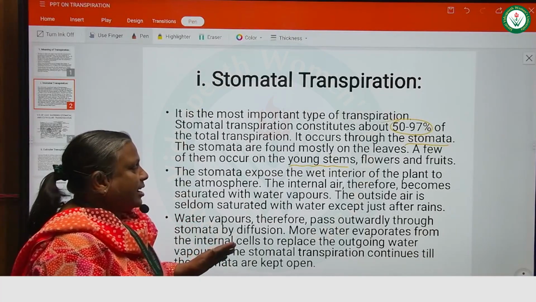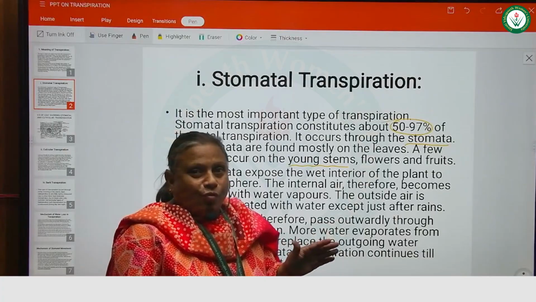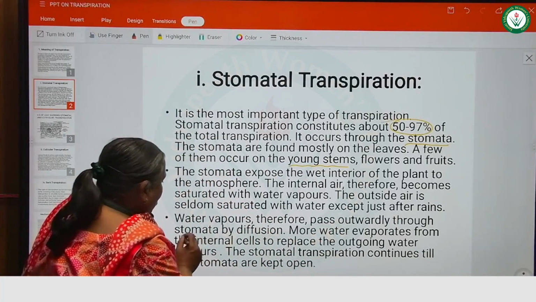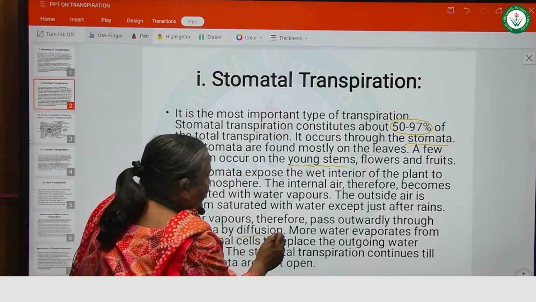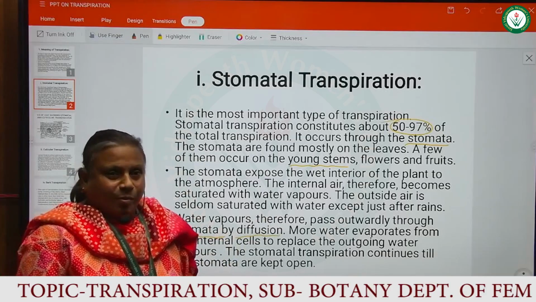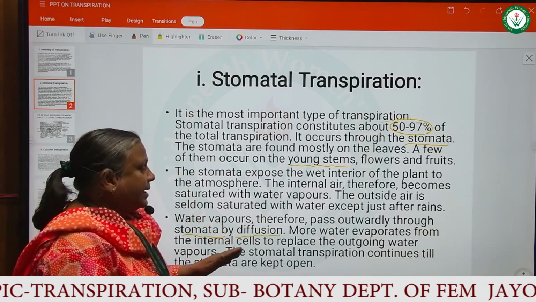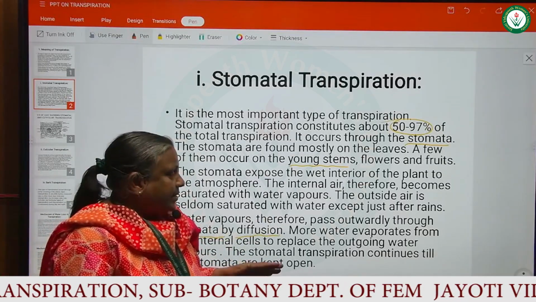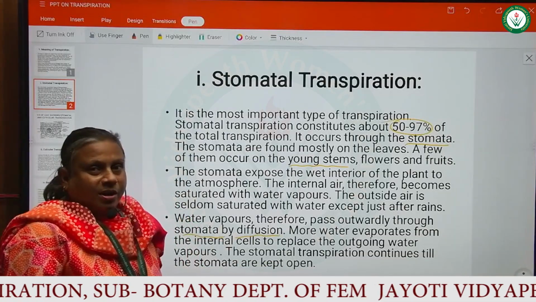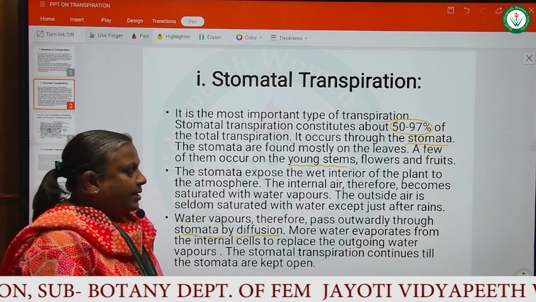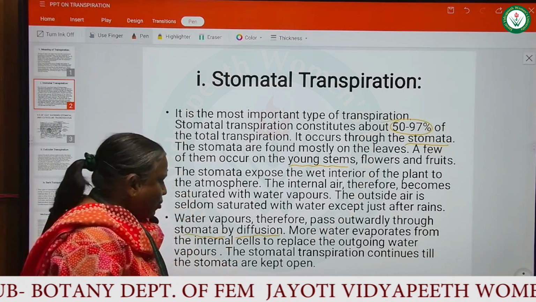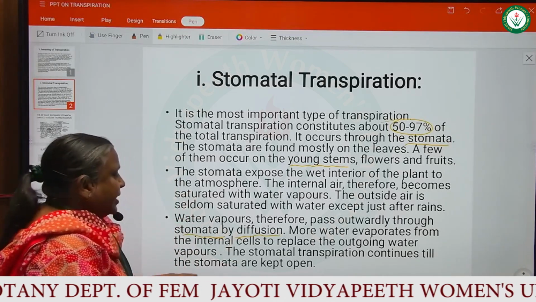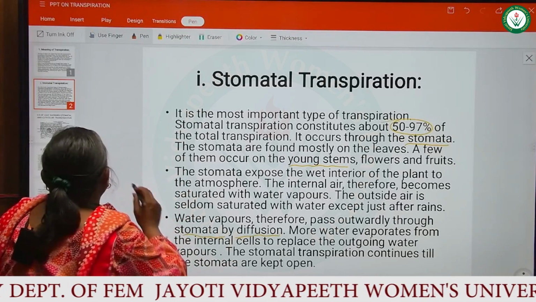Water vapors therefore pass outwardly through stomata by diffusion. More water evaporates from the internal cells to replace the outgoing water vapors. The stomatal transpiration continues till the stomata are kept open.